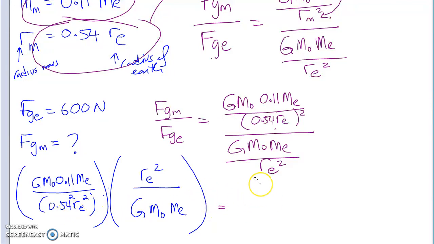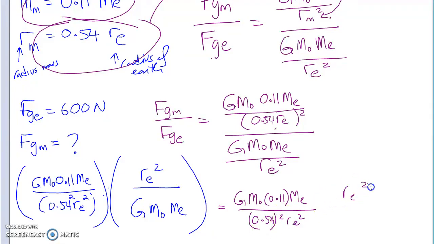Let's rewrite it again. It becomes G, mass of object, 0.11, mass of Earth, divided by 0.54 squared times RE squared, times RE squared divided by big G MO mass of Earth. And now you can see you can cancel values out. G and G cancel out, MO cancels out, ME cancels out, RE squared and RE squared cancel out.